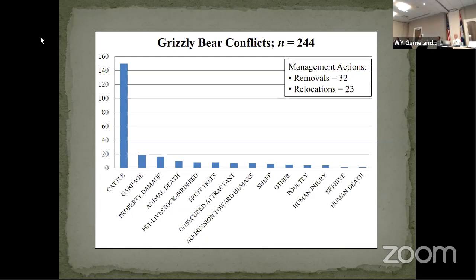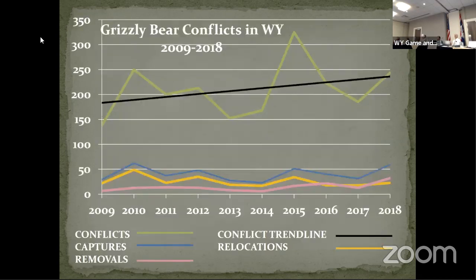But with that being said, I know this graph's kind of busy, but total conflicts, that line at the top, total conflicts of all large carnivore species is pretty much driven by the number of grizzly bear conflicts. That's definitely what we're seeing.